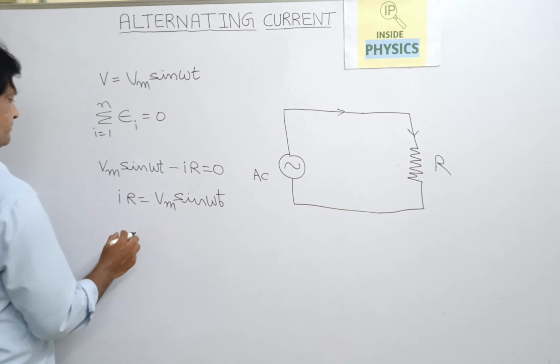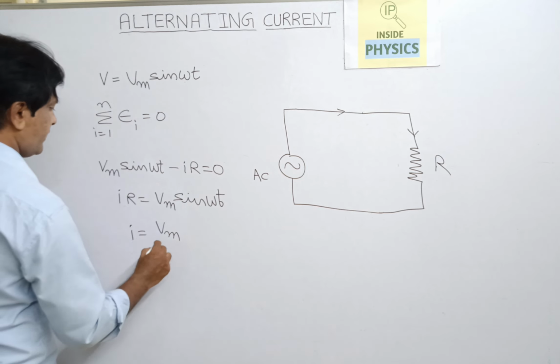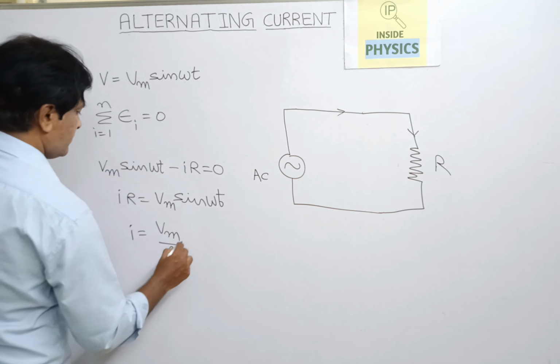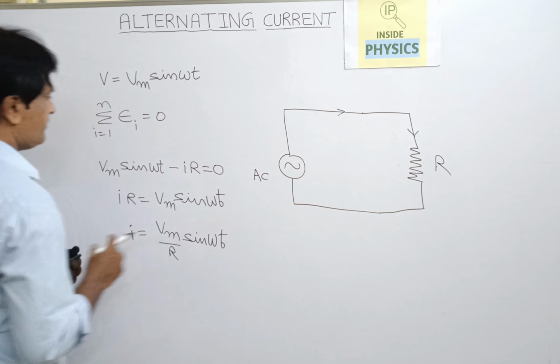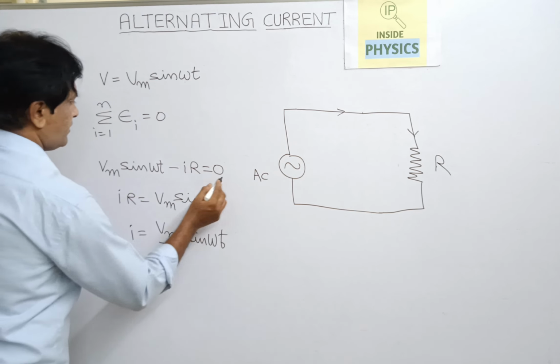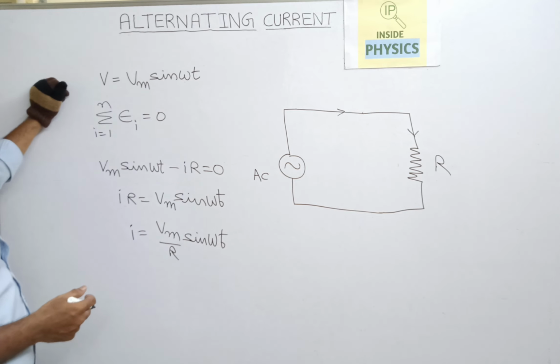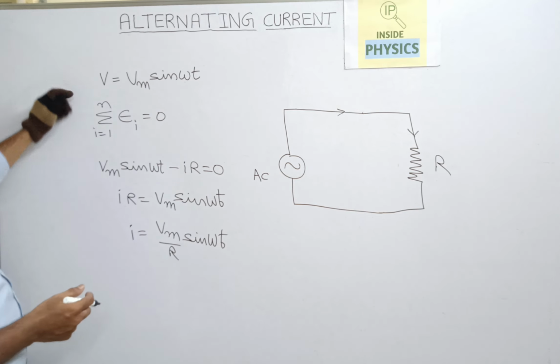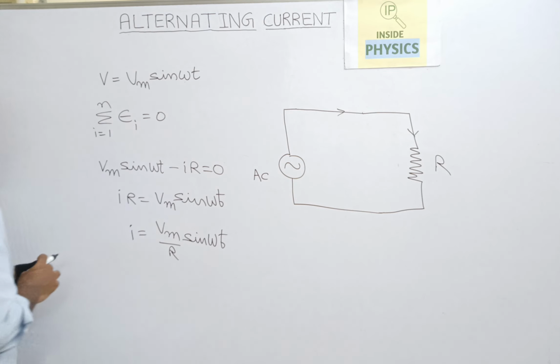So here I = Vm/R sin ωt. Remember, I have written this equation according to Kirchhoff's second rule, that is the voltage rule or loop rule. So by this, I = Im sin ωt.